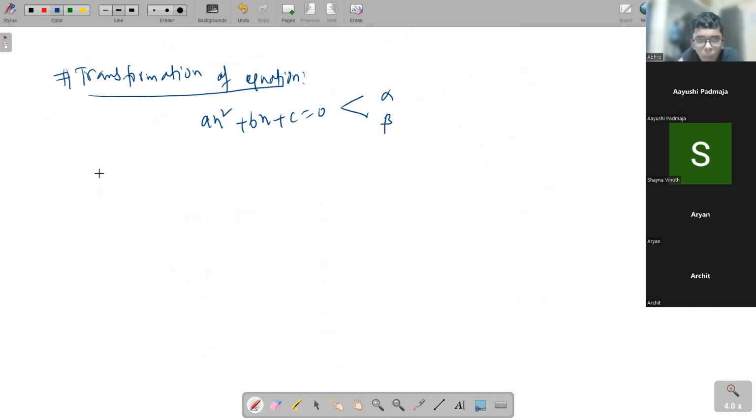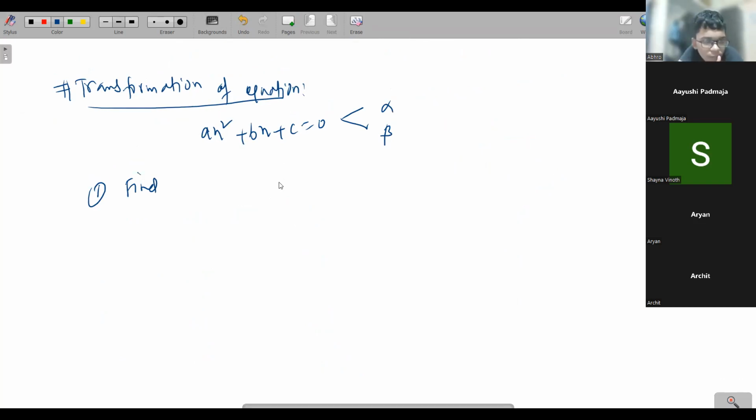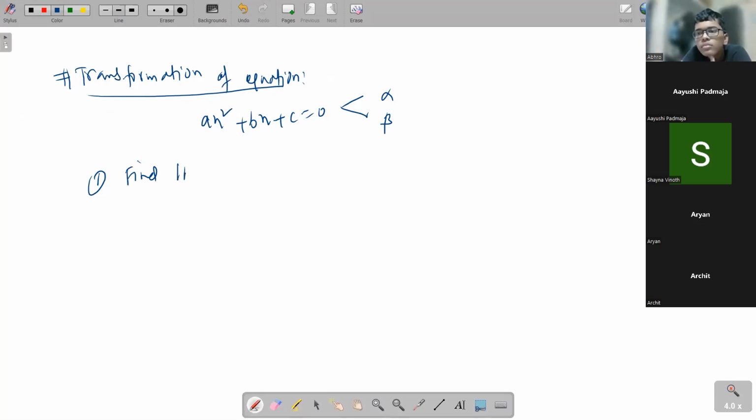Now, find the equation whose roots are minus alpha and minus beta.